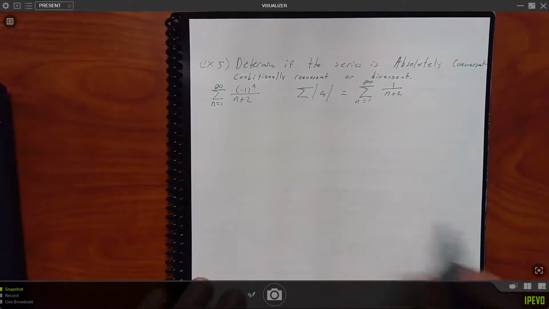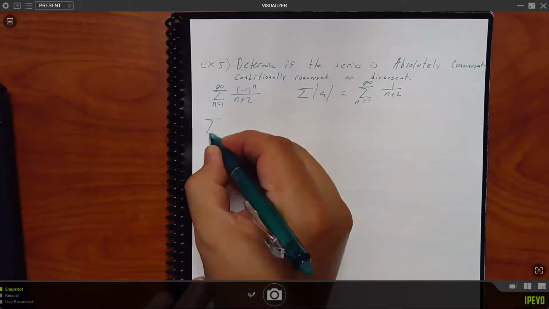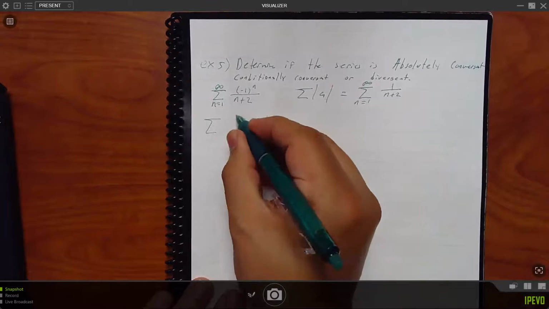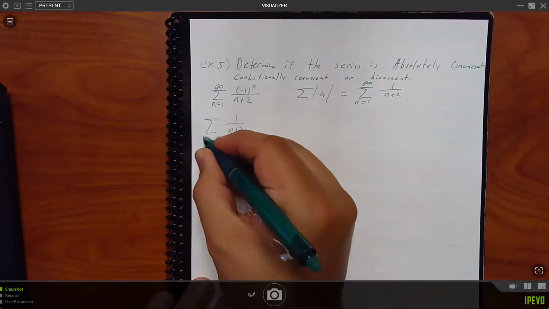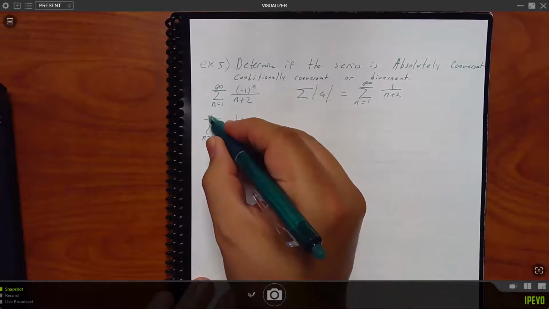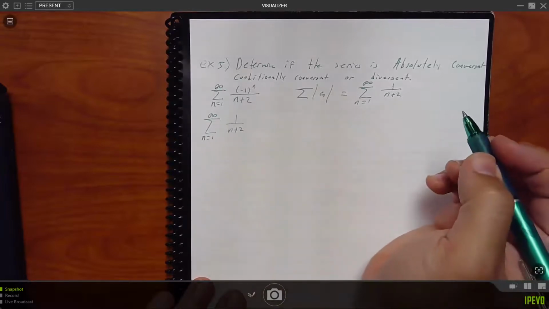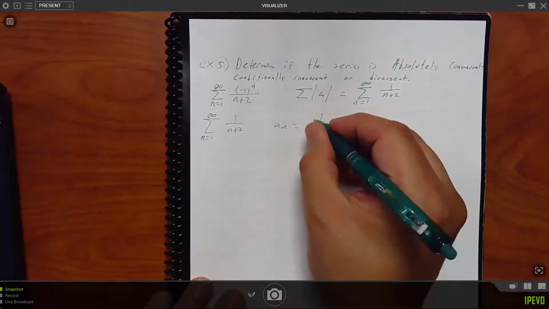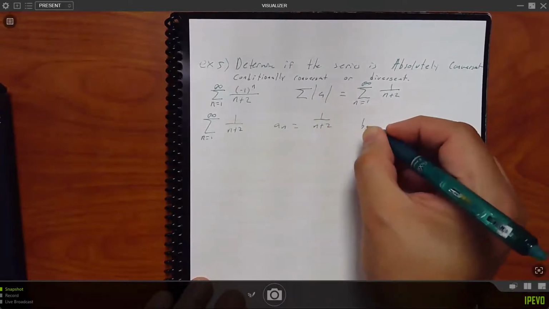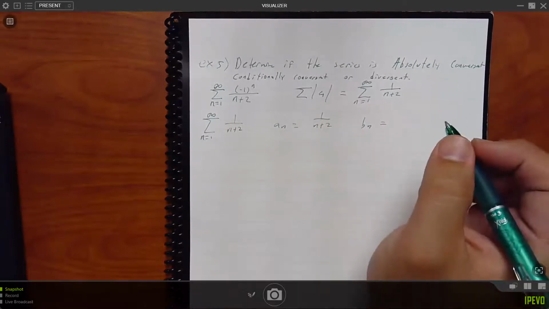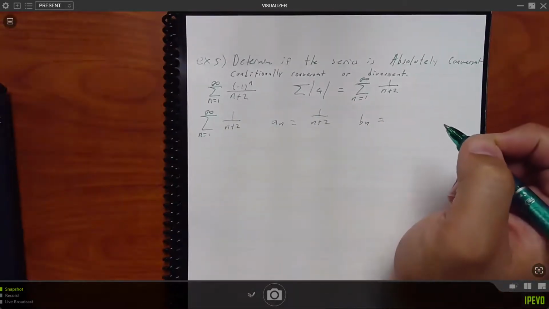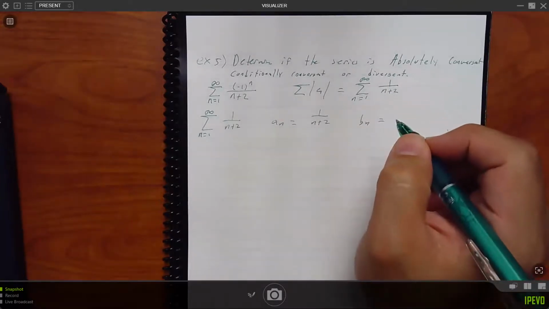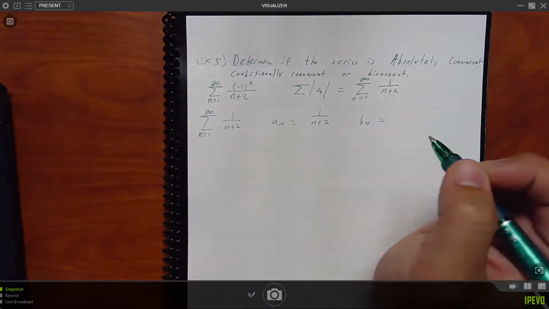So for the absolute value guy here, let A sub n equal the original, of course. What is a good B sequence piece of that to compare it to? Remember, they have to be similar. Also, it helps if you know what it's doing.